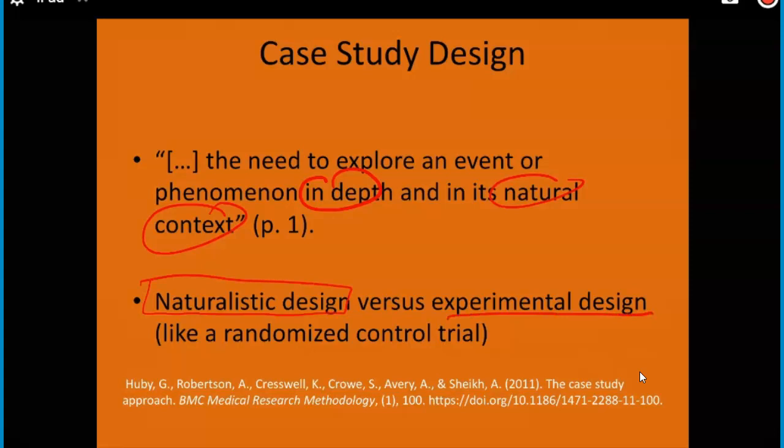So usually researchers don't manipulate too much with a case study, because unlike in an experimental design where you have a control group, you have different variables that you manipulate based on your different groups and so on. So very, very different. It's almost like an anthropological approach, so to speak, right? Where you are the observer, observing a group of people, taking notes, and then making some conclusions about them in a very general sense.